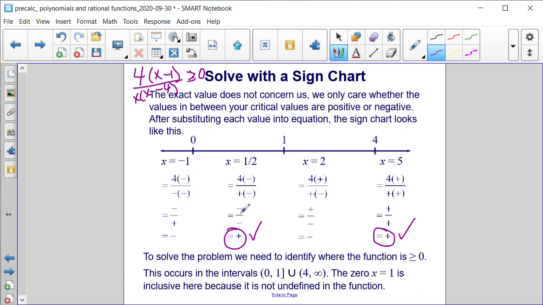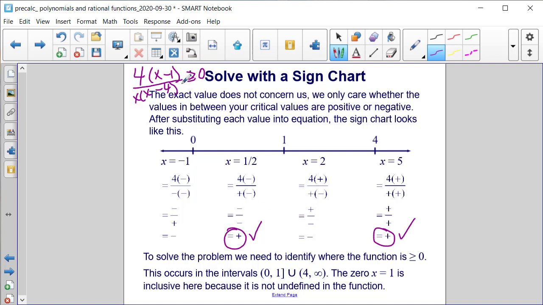So now we have to convert these intervals that we found into a solution set or a solution interval. So it goes from 0 to 1. We do not include 0 because that's one of our asymptotes. We do include 1 because that is an x-intercept, or where it crosses the x-axis.